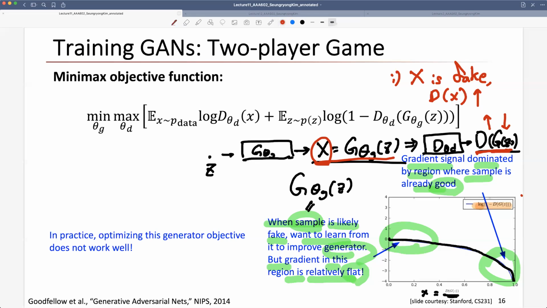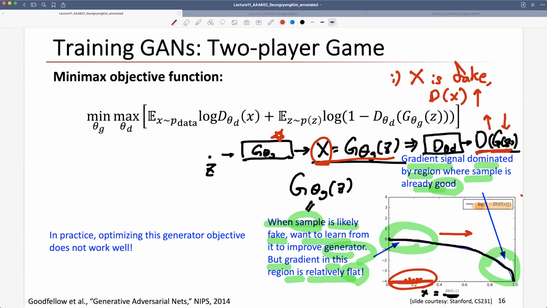Even though it is the fake image. So even though our generated image probability is here, in these regions meaning low probability, we want to move our probability to the higher one. Which means we can make our generator generate real looking data, real looking images.